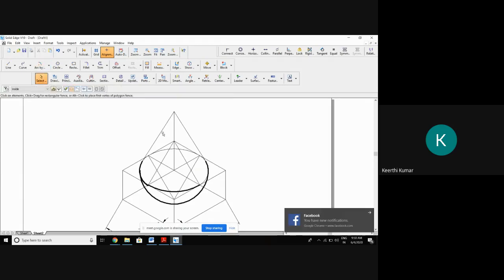See, like this. Hemisphere, and above that there is a cone. Like this, please try to make it visible.